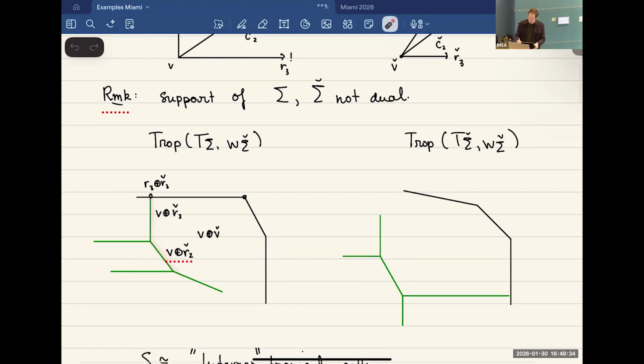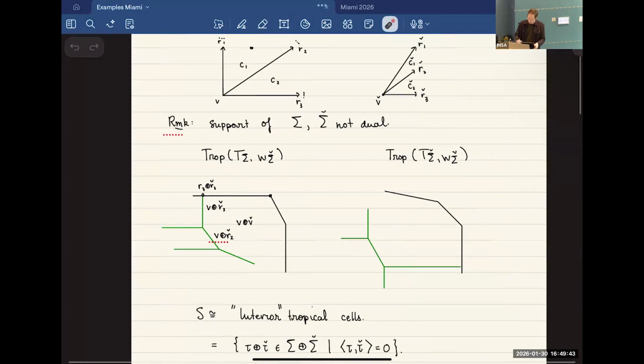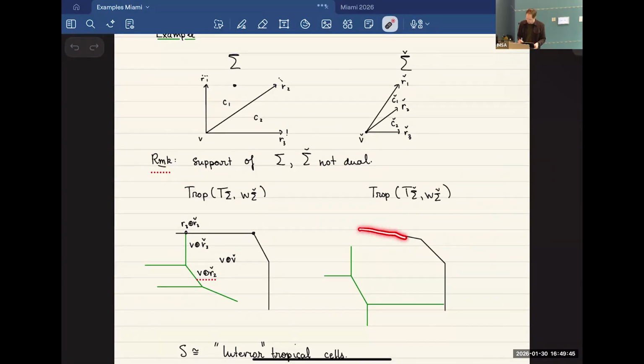So the potential function coming from the second fan gives me this. Okay. And then on the other side, if I tropicalize the toric variety coming from the first fan, maybe I'll zoom out, I get what I've drawn in black here. And if I use the potential function coming from sigma here, this should just be sigma, not sigma check, I get the green object that I have here.